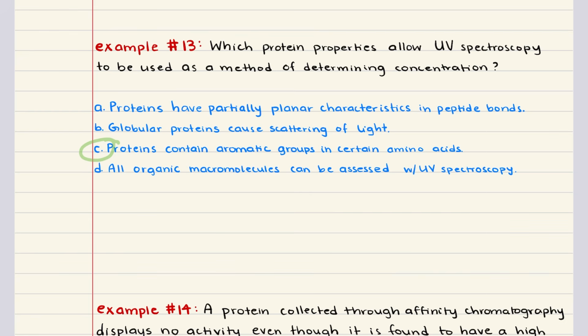And this property is unique to these aromatic side chains, not just to the fact that the molecule is organic or that it has peptide bonds. So the only option that explains why UV spectroscopy works for this purpose is answer choice C.